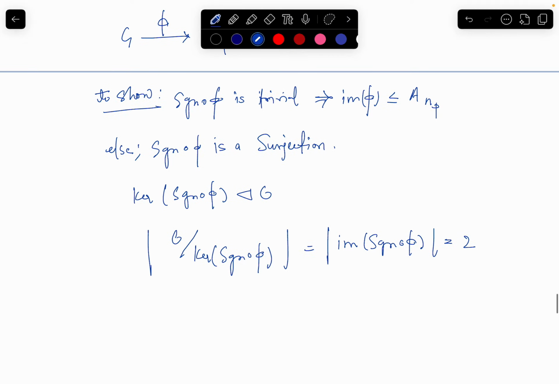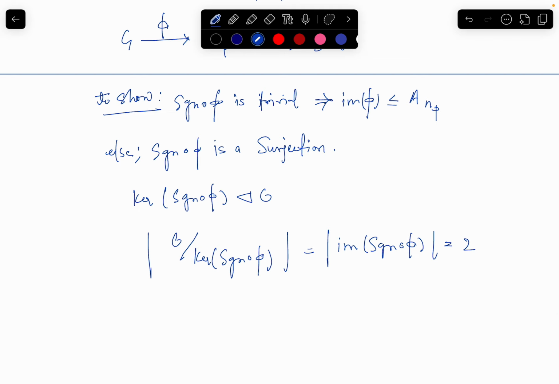Because the size of the plus minus 1 group is 2, that means the index of the kernel of sign of phi in G is 2, and it's normal again. In fact, one can show from here that it is normal, but yes, it is normal.